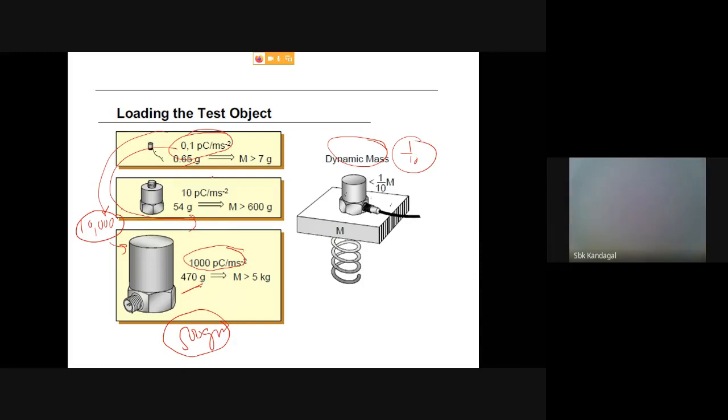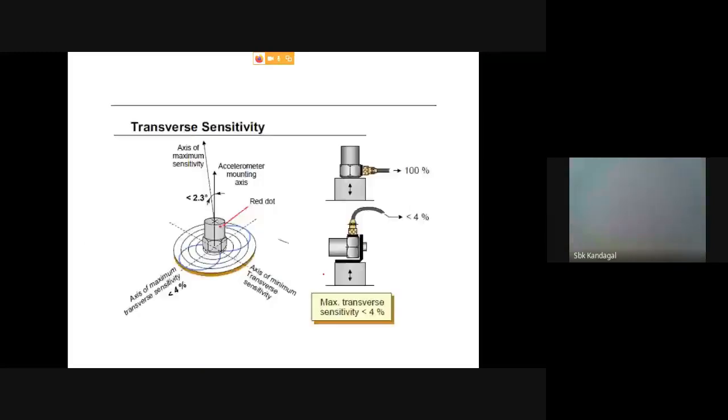So this is where you should ensure which structure you are doing the experiment on and how to do it. Here you can see a typical thumb rule: whenever you are doing an experiment, don't try to let the weight of the sensor exceed 1/10 of the structure, meaning 10%. Restrict it to 10%.